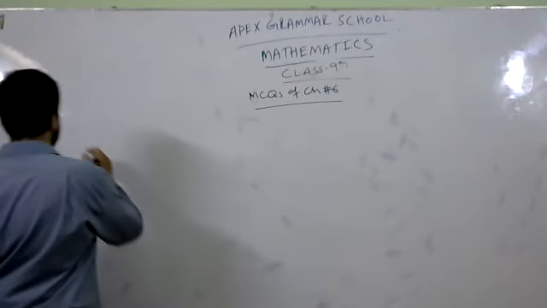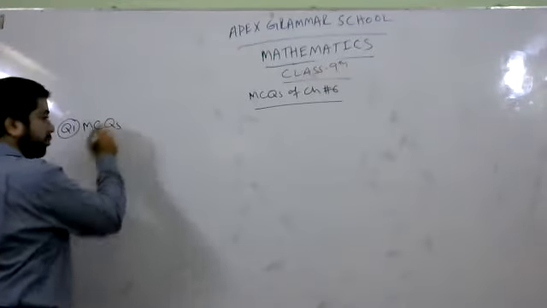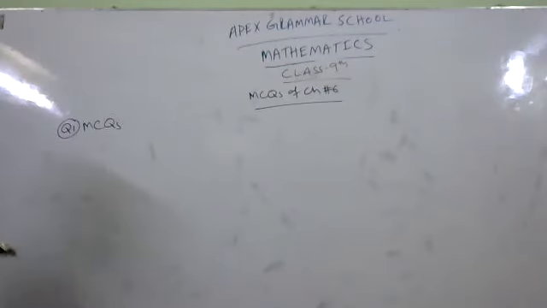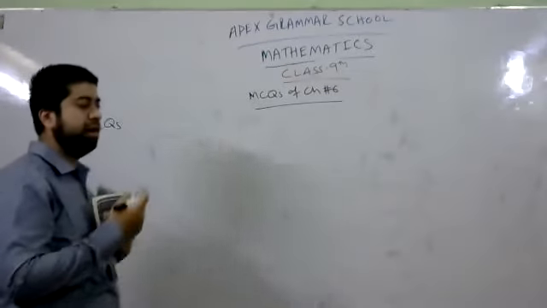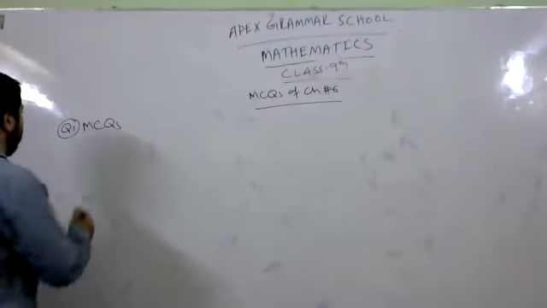The first MCQ is to find the HCF. Again, these are repeating things from exercises 6.1, 6.2, and 6.3.